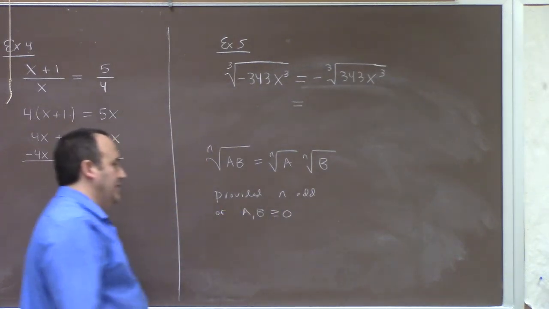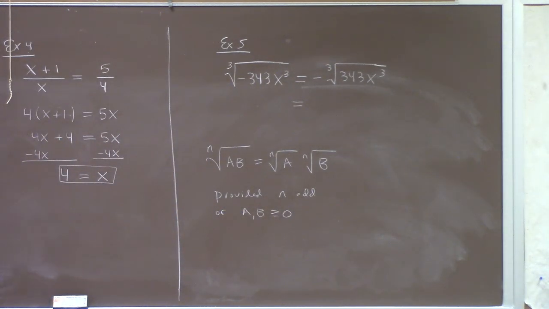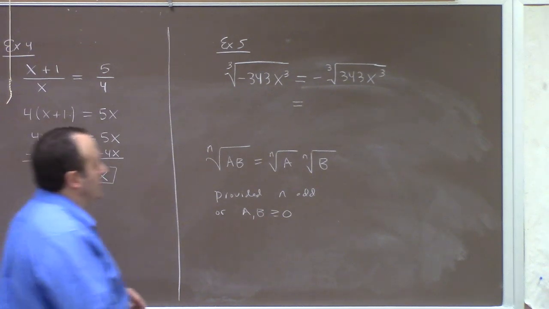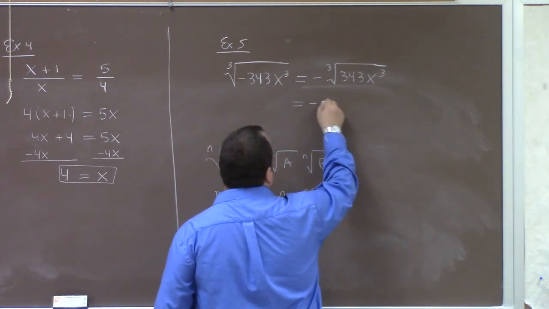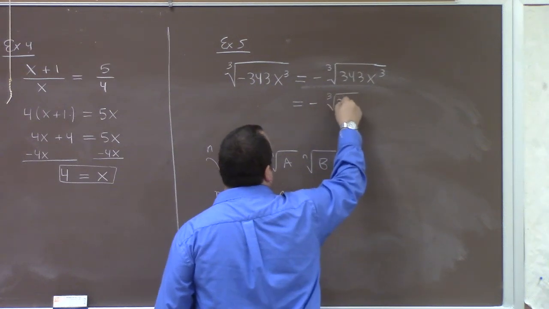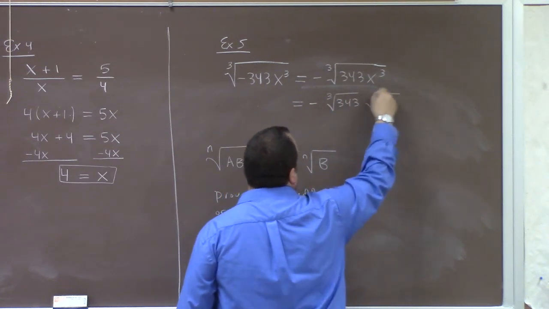So if A and B are greater than or equal to 0, we can safely break up the nth root into a product of the nth roots, even if n is even. But if n is odd, we can just do it, because we can take the odd root of a negative number. So this is minus the cube root of 343 times the cube root of x cubed.